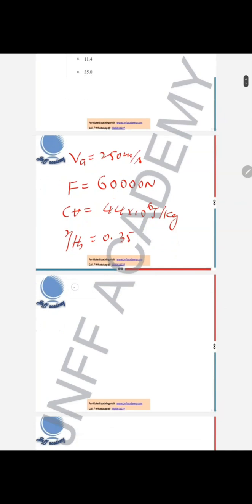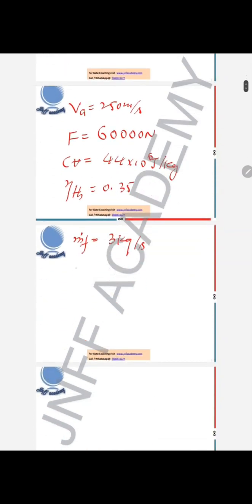Heating value of the fuel, CV, is equal to 44 into 10 power 6 joule per kg. The thermal efficiency of the engine is 0.35, that is 35%, while the fuel flow rate, m dot f, is equal to 3 kg per second.